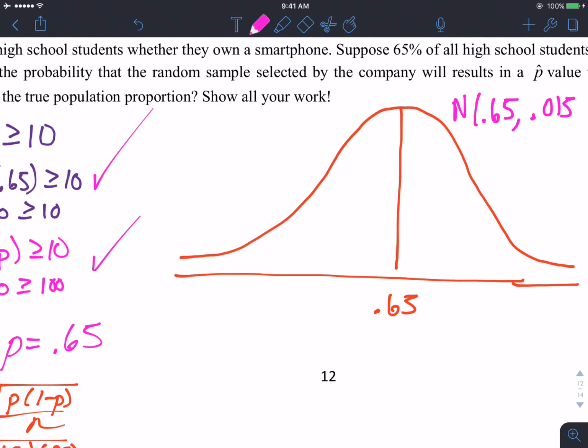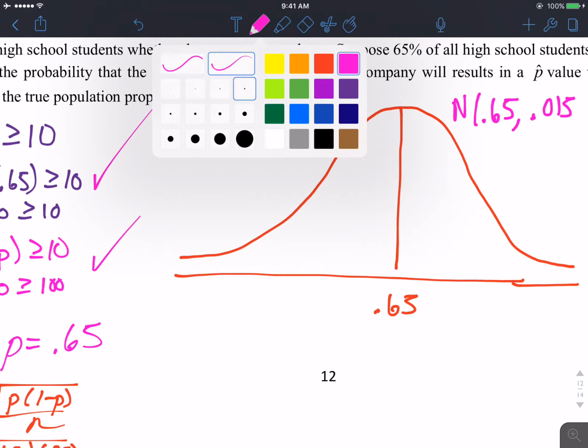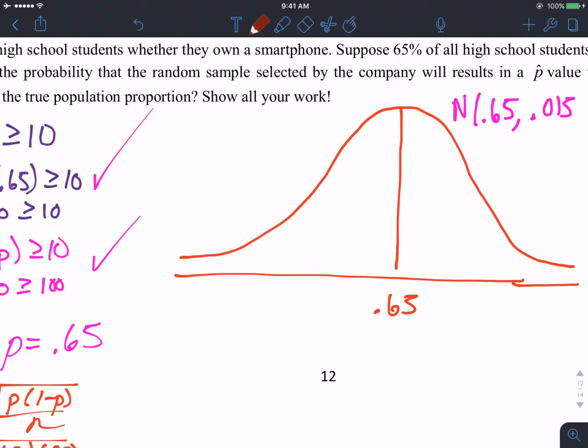And what we want is within 3 percentage points. So that means I'm looking all the way down to 62% and all the way up to 68%. And you could go ahead and calculate the z-score for that.